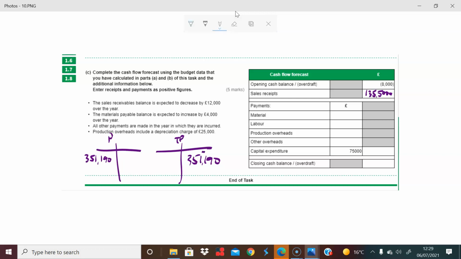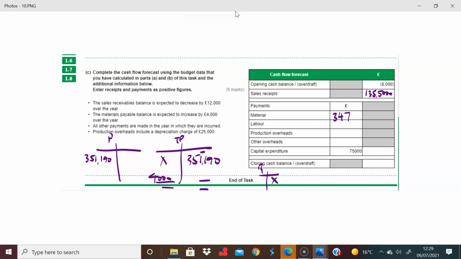So imagine I start the year with nothing, but by the end of the year I'm going to owe 4,000. So what I did pay to the bank is the difference between these two. Remember that this closes out. So 351,190 minus 4,000, because bank is over here and that's what's coming out of the bank, gives 347,190. And I believe the question says that all other payments are made in the year.